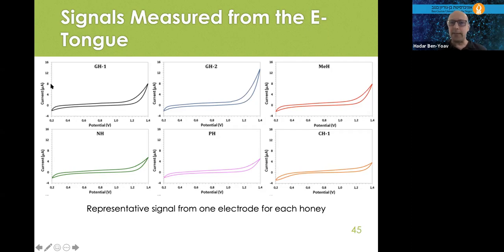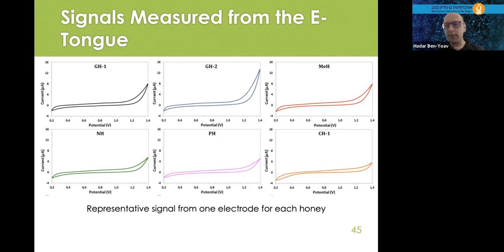So something happened there, something in the honey, some molecules that are being oxidized, that the one from Germany had at a much higher concentration than in Portugal, and so forth. So we look at the signal and it's a bit different for each origin, each type of country.